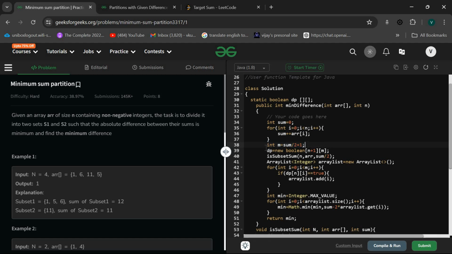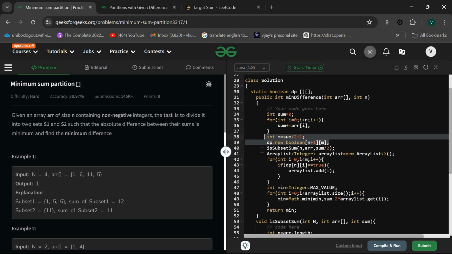So take a value, meaning sum minus 2 value. Why are we taking a value for this matrix? Sum minus 2 is the size of S1. For counting S1, 1 plus only for DP. So that's why we initialize the DP matrix here.